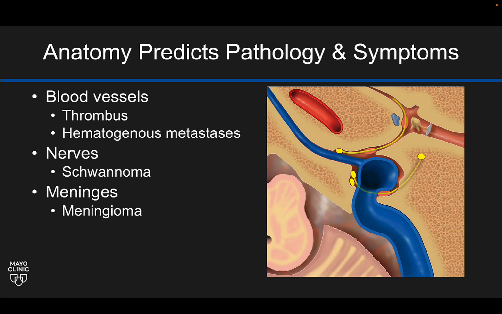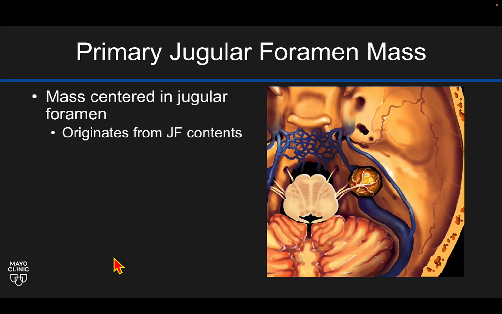And then we also have the paraganglia that sit here, so paragangliomas can originate in the jugular foramen as well. If you want to think about the big three primary tumors that originate in the jugular foramen, we're thinking about schwannomas, meningiomas, and paragangliomas.